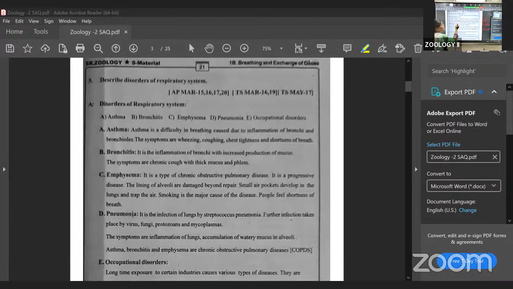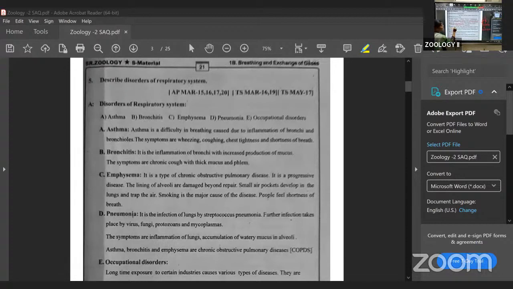But in bronchitis, only the bronchi undergo inflammation, and they secrete a watery substance called mucus. The symptom is a chronic cough, meaning a continuous, permanent cough, with sputum. Sputum is the white gelatinous substance that comes out along with the chronic cough. This is about bronchitis.